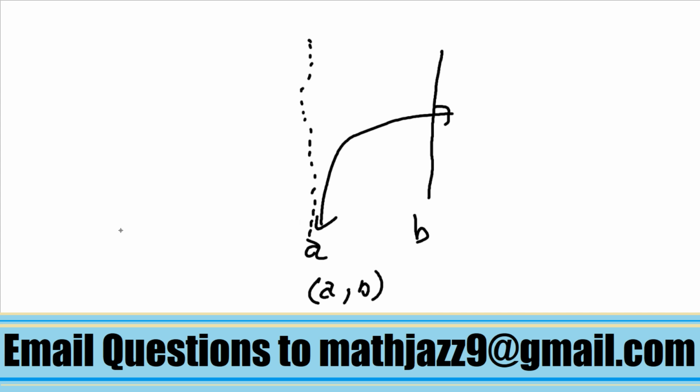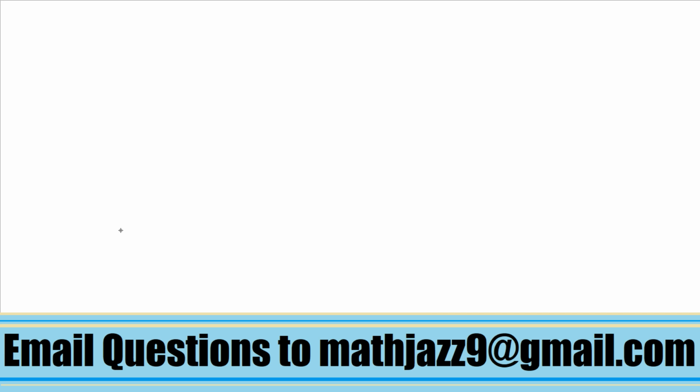Well, here's an example otherwise. The function goes up like that. Here is a horizontal asymptote, but no max or minimum at the point c, f of c.